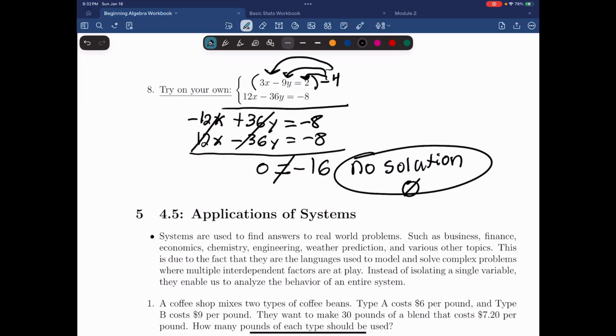And now our last step is to determine if these two linear equations are parallel, perpendicular, or neither. Well, because we have no solution, the only option we can have is that these lines are parallel.